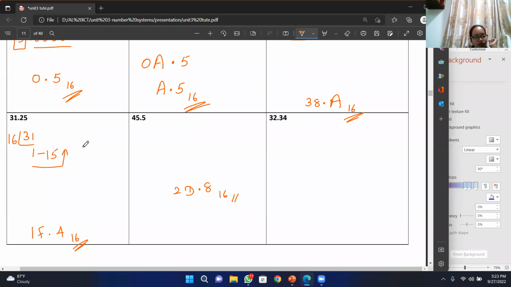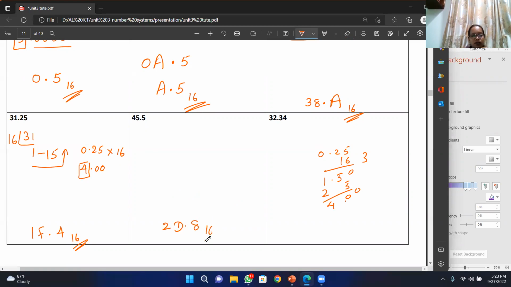Yes, 31 means 1F. Again, 2D, yes. 0.5 into 16 means that is 8.0.